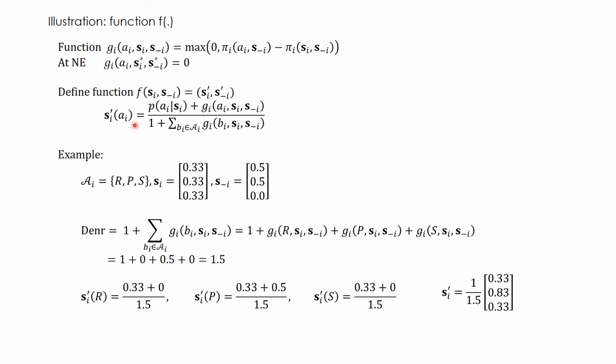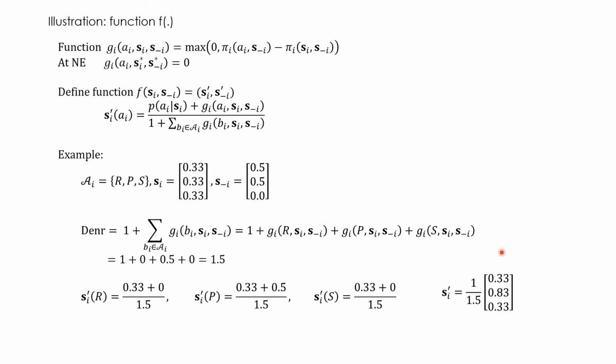And the numerator for paper is 0.33 because this 0.33 was the probability in S_i of paper being played. And then G_i for paper is 0.5, so we put a 0.5 here. Denominator is 1.5, and likewise we compute S prime i for S, the third action, excuse me.